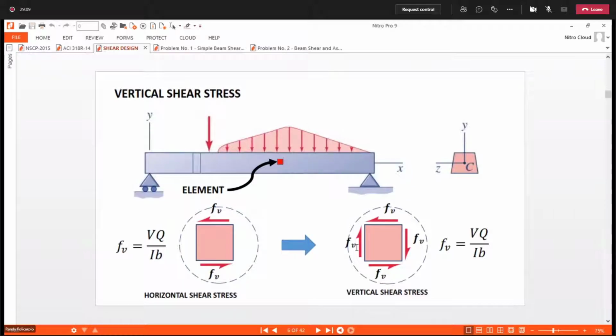And similarly for the left side of our element. So this is now the diagram of the stress acting on an element having an infinitesimal dimension. So the shear stress is the same on all sides.